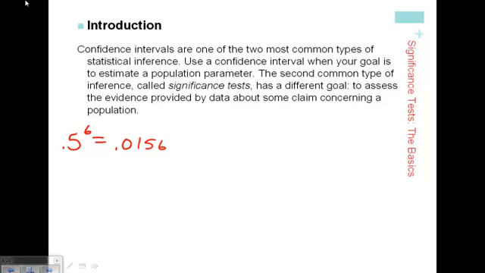And she calculates the probability. But there's a strange contradiction built into this system. How did we calculate the probability of me getting 6 heads in a row? You had to make an assumption. You had to say, I believe the probability of getting a head is 0.5.